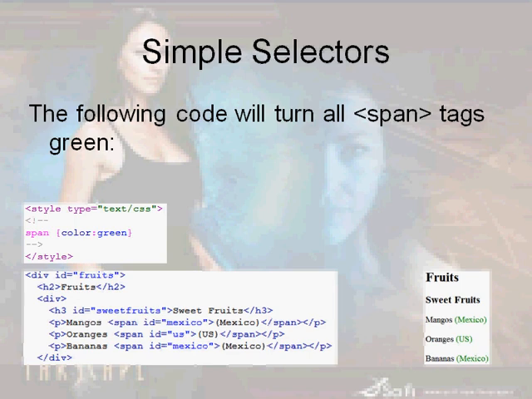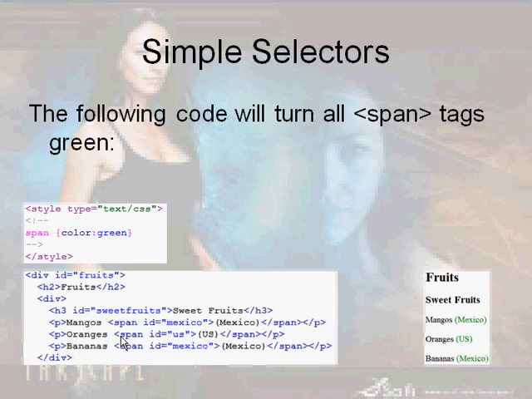Simple Selectors. The following code will turn all span tags green. So if we look at the style that I've created, span, color, green, we can see the results over here on the right hand side. How does that work? Why is Mexico, US, and Mexico again green? Because if we look at the code, there is a span tag with an ID of Mexico wrapped around the word Mexico and then closed.